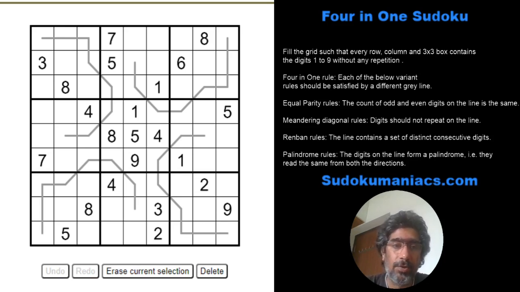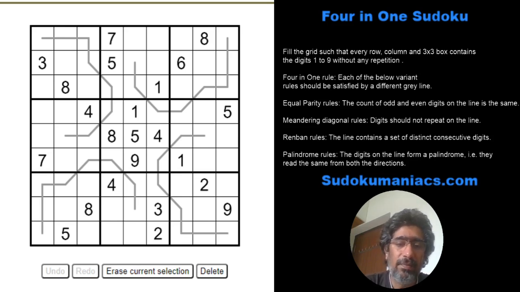And the digits do not need to be in order, as long as all 8 consecutive digits are placed on the line. Whereas for the meandering diagonal, any of the 9 digits can be missing. So I could have 1, 2, 3, 4, 5 missing, 6, 7, 8, 9. That's the basic difference between these 2 lines. And most importantly, we don't know which line is governed by which rules. So that will be part of our solving, to identify the lines.